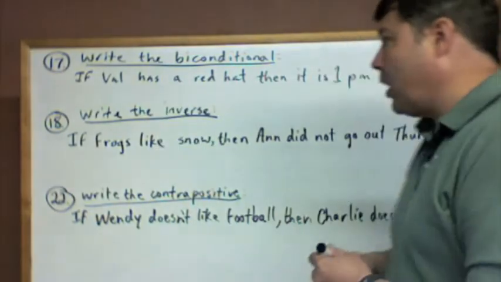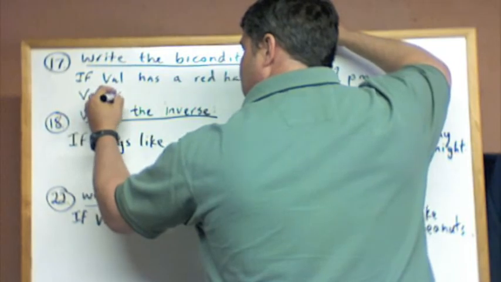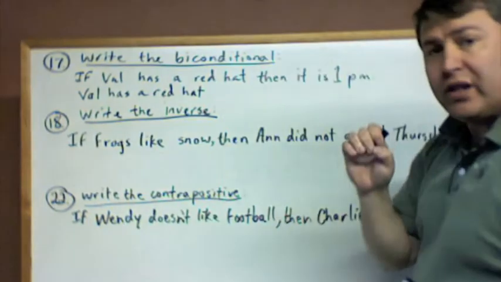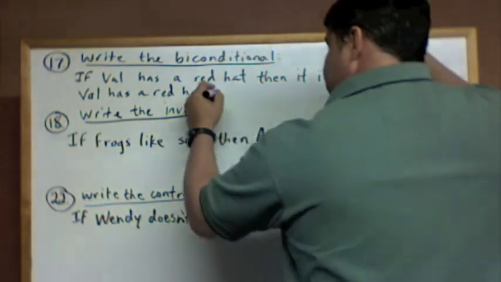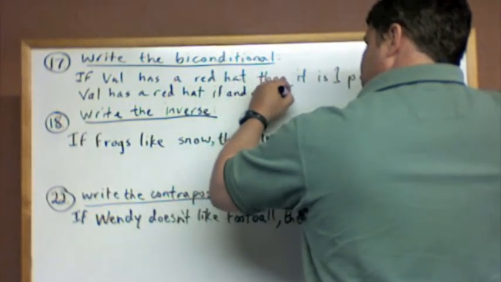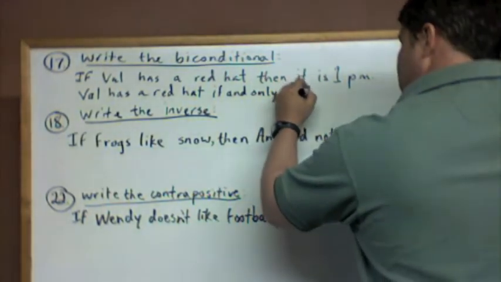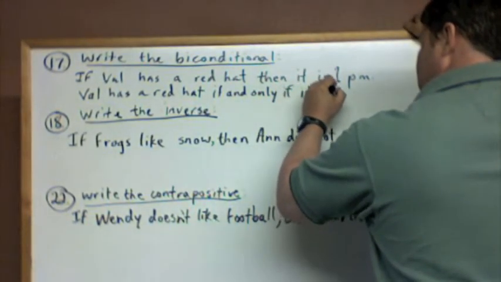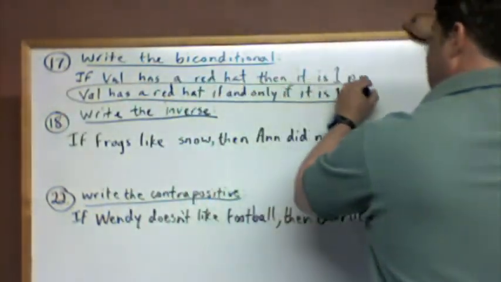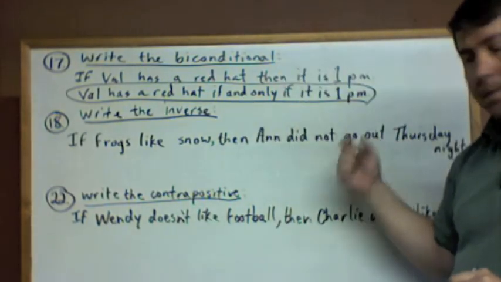Well, it would have the first part, Val has a red hat, and then would come if and only if, and then the second part, which is it is 1 p.m. So my biconditional is Val has a red hat if and only if it is 1 p.m.